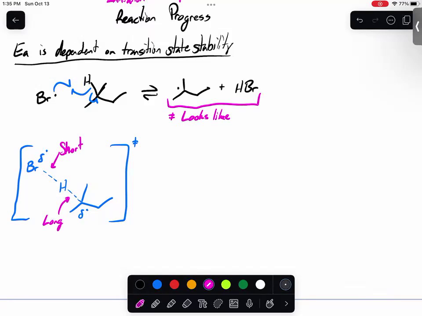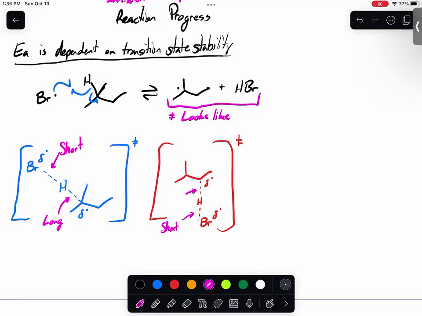All right. And we can do the same idea with all of the other drawings. The only difference is the hydrogen that is being pulled off. So we can put partial radicals on things, and we can show that in each case, the hydrogen bromine bond is short, and then the hydrogen carbon bond is long.